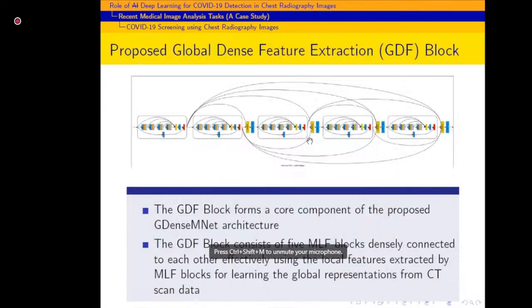So the major contribution here is this block as well as the global dense connections among these blocks. That's why the name is the global dense feature extraction block. We have 5 different blocks here, and you may find the global connections among them. The global dense connections among the blocks help in learning global representations from the CT images.